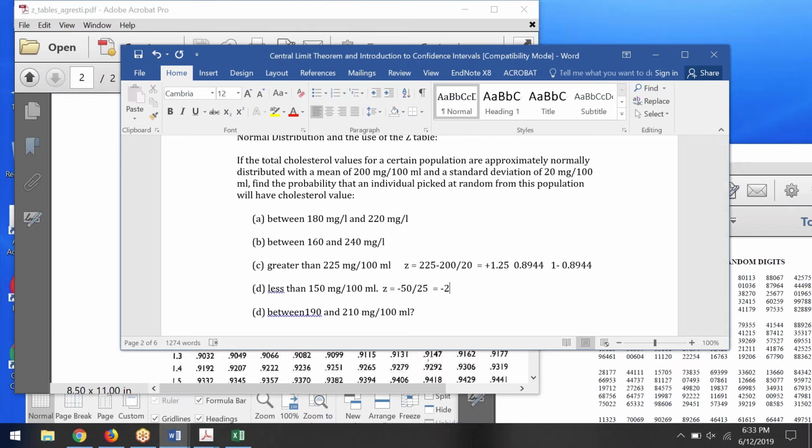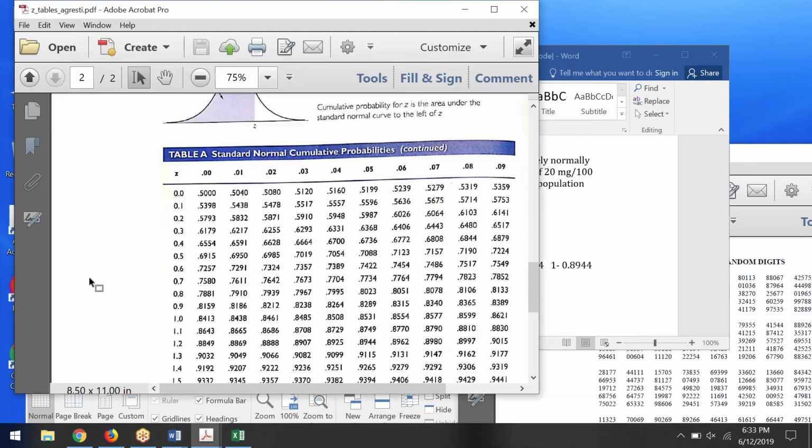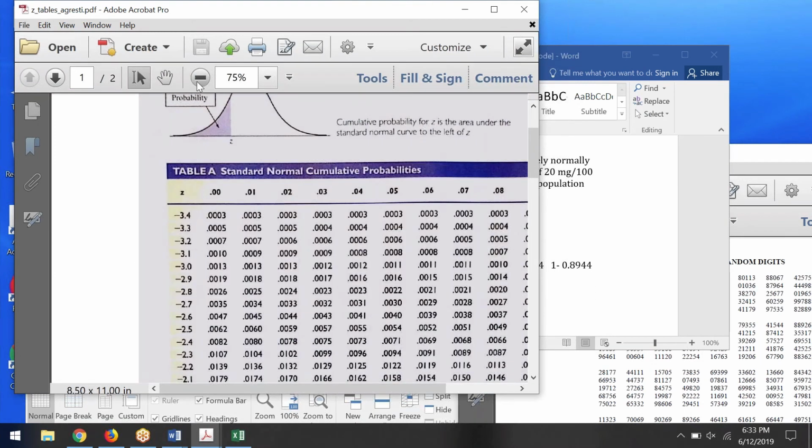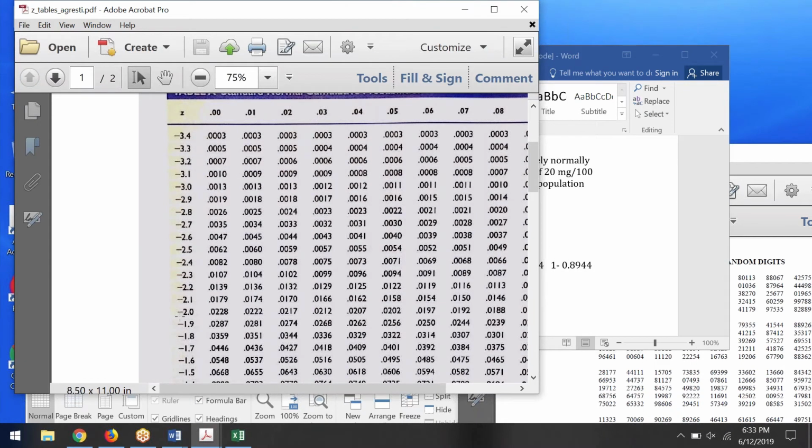Now, here's where we discover that I told a little bit of a white lie. I'm going to look up the area represented by a z-score of negative 2, or negative 2 standard deviations, and see what that area really is. Negative 2.00 is actually not 2.5%, it's 2.28%.